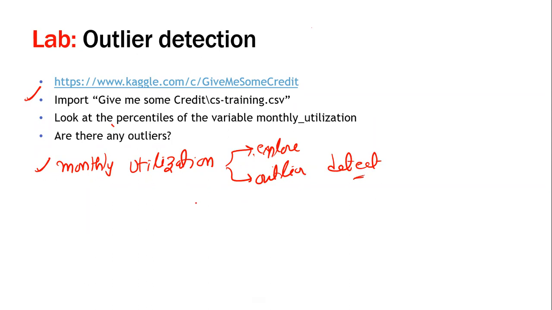Monthly utilization is a percentage value. Let us suppose customer A has a 1 lakh credit limit. Every month he is utilizing, let's say, 95,000, 96,000, 98,000, like that. On an average, he is utilizing 95,000 every month.